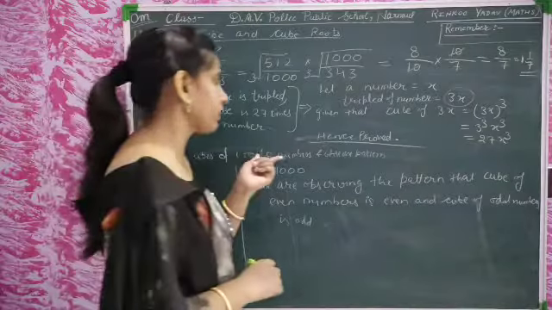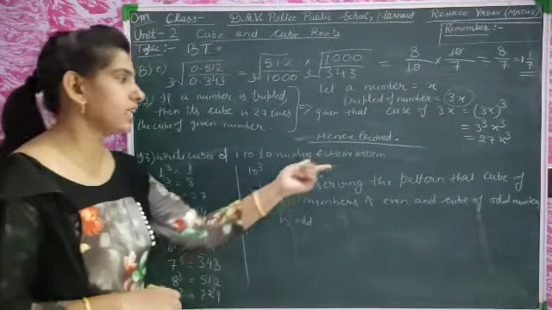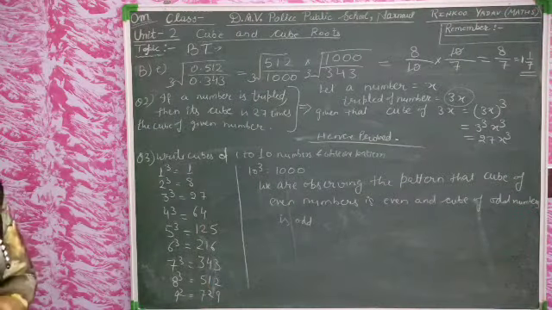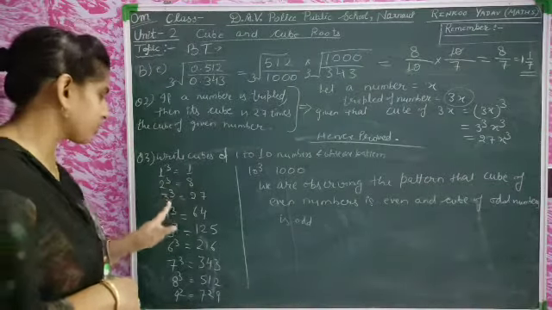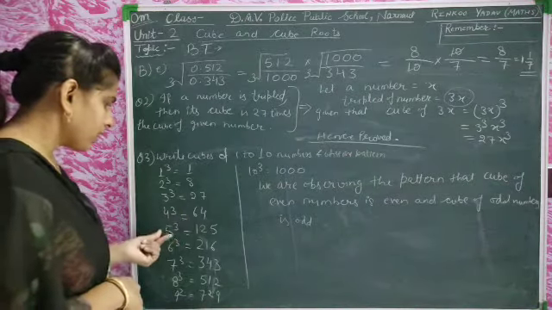In question number 3, we have the cubes of 1 to 10 numbers, and we observe the pattern here. 1 cube is 1, 2 cube is 8, 3 cube is 27, 4 cube is 64, 5 cube is 125.